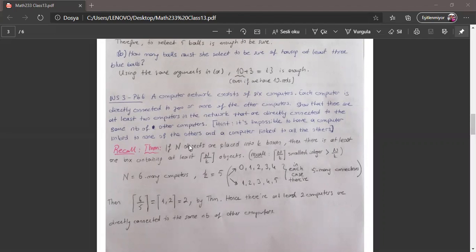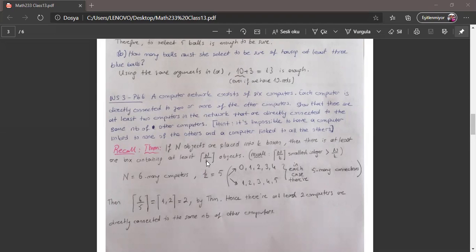So we will use this theorem, which says if you have n objects which are placed into k boxes, then there's at least 1 box containing at least this many objects. Here there's a recall for this notation.